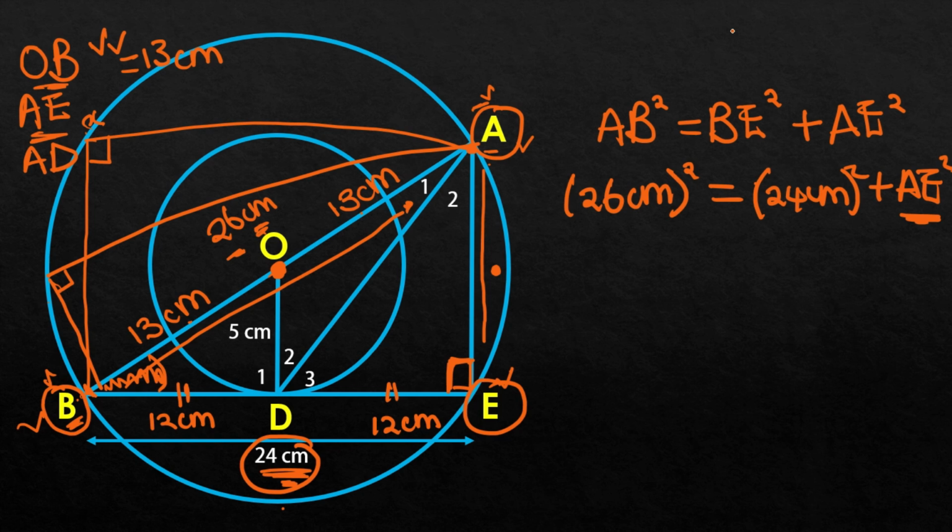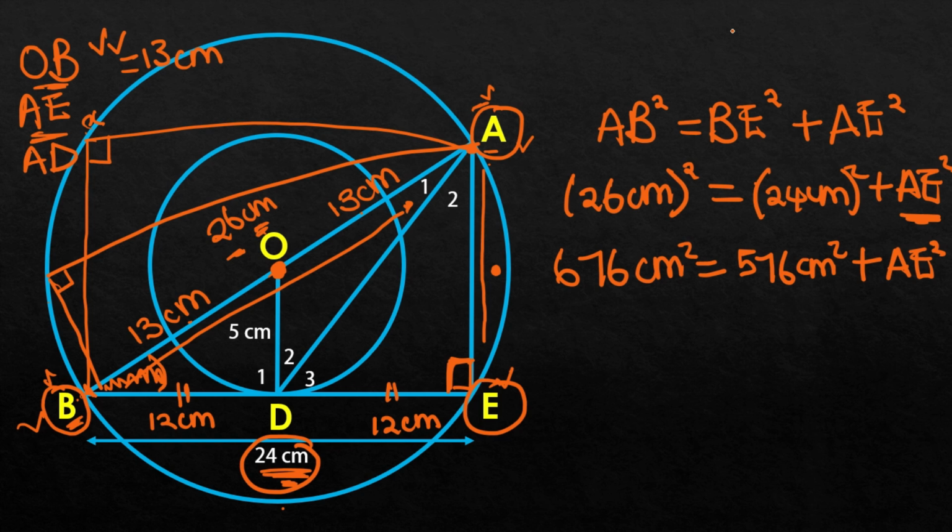So 26 centimeters squared is going to give us 676 centimeters squared is equal to 24 centimeters squared is going to give us 576 centimeters squared plus AE squared.